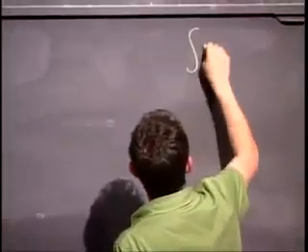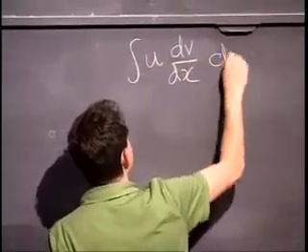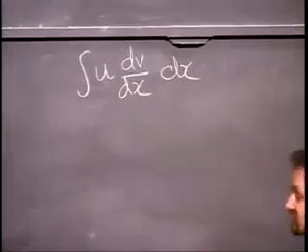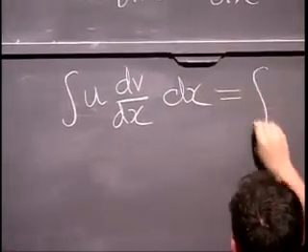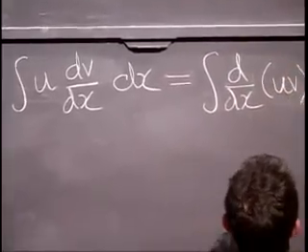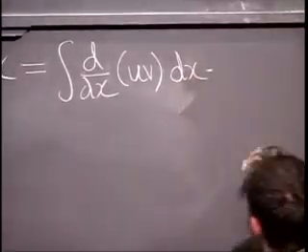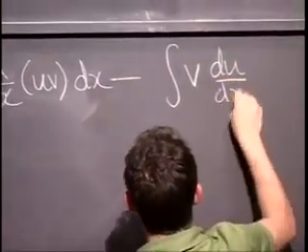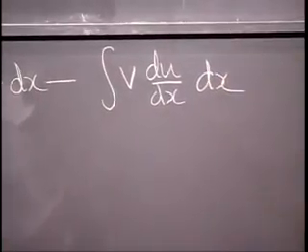If we do, we get the integral of u dv/dx. This is a function u. This is another function dv/dx. So we're integrating that product with respect to x. And we get the integral of the derivative of uv, minus the integral with respect to x of this other mess, v du/dx dx.